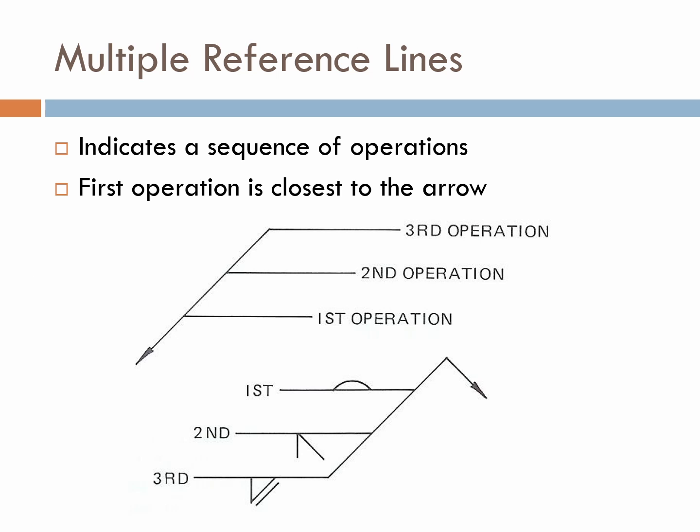Okay, multiple reference lines. This is where you can set up operations that have to be done in a particular order, like you need to do a bevel weld, then a back weld, and then a fillet weld. All that has to be done in a sequence, and the sequence will be laid out like this. So you'll have your reference line coming up, and you'll have first operation, second operation, third operation.